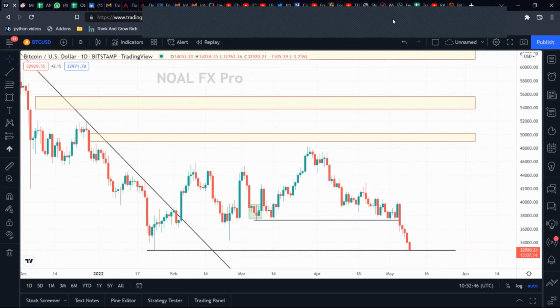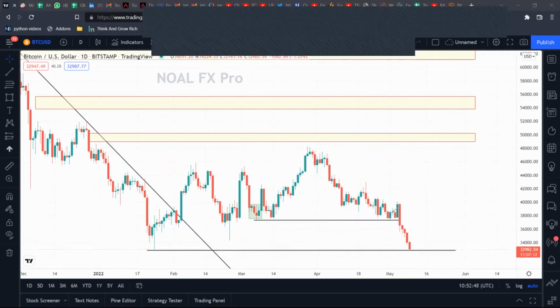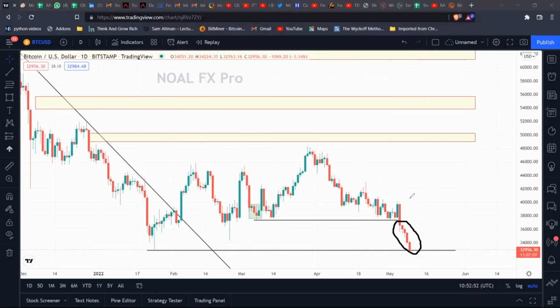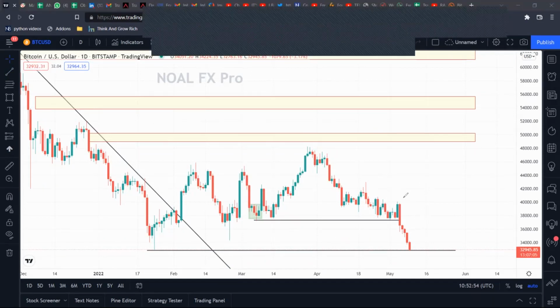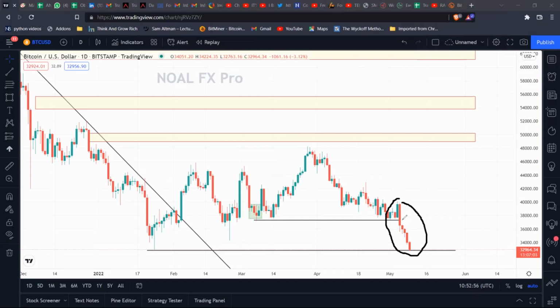Also, another thing I need to point out is the fact that the dollar is stronger, which is also supporting the fact that we're having a weakened BTC or crypto, or stocks.